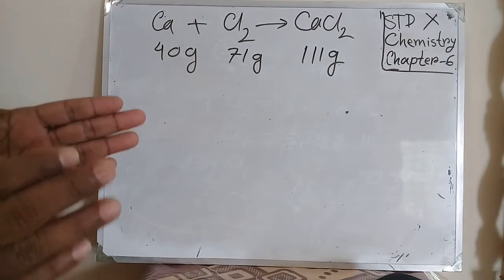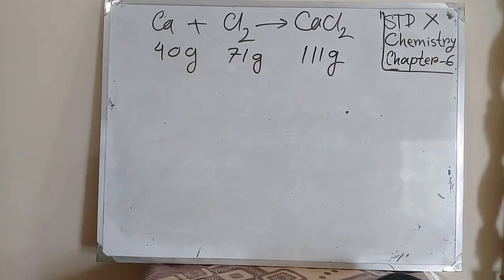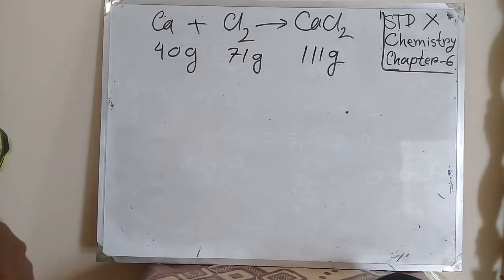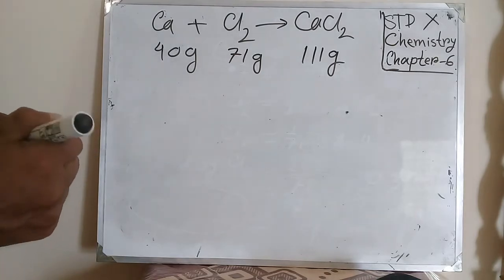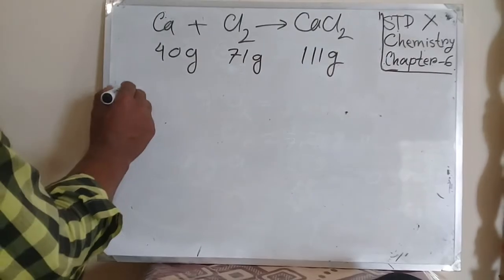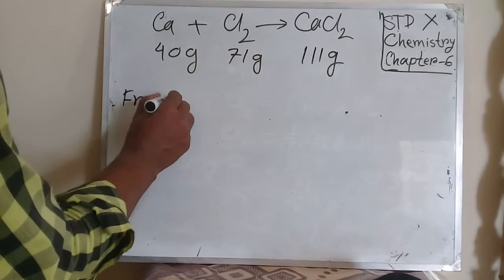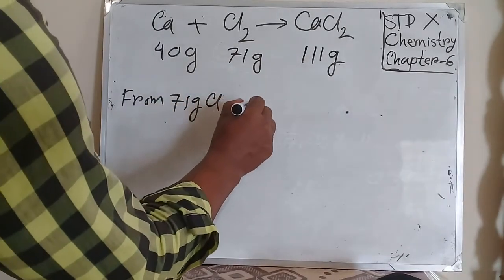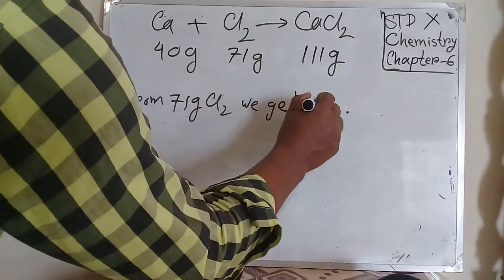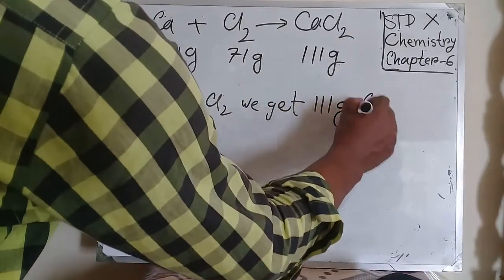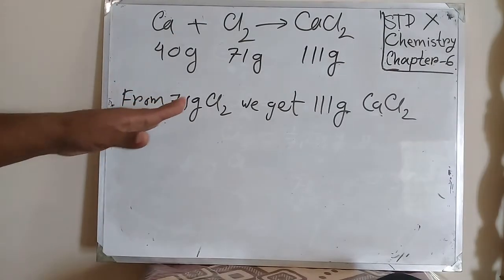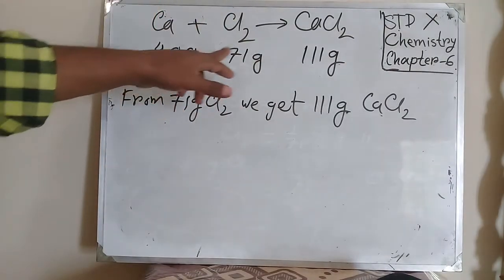So how much did we want to produce? We wanted to produce 39.08 gram. So we can write, from 71 gram chlorine we get 111 gram calcium chloride, from the equation.